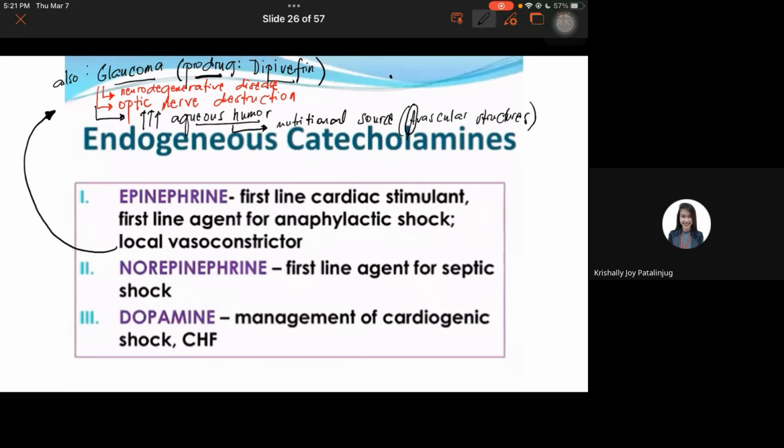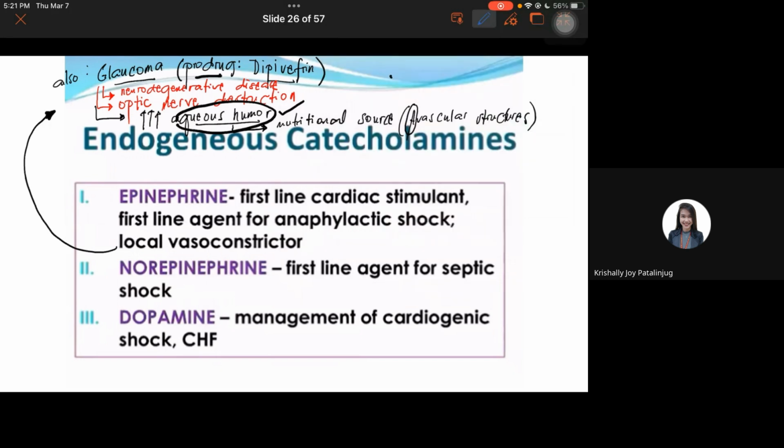But good thing, sa mata, we have this nutritional fluid. Siya ngayon yung magpo-provide ng well-nourishment sa mga avascular structures sa mata. Halimbawa, yung cornea. Yung cornea sa mata, avascular yan. Okay? So kung walang nutrient siyang nare-receive, that will cause damage no sa mata. So yan, importante therefore ang aqueous humor sa mata.